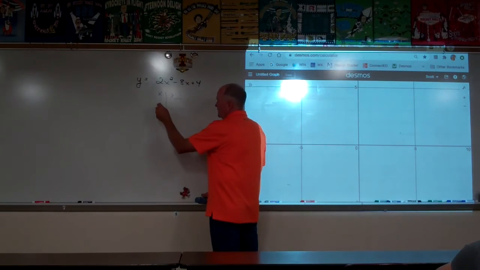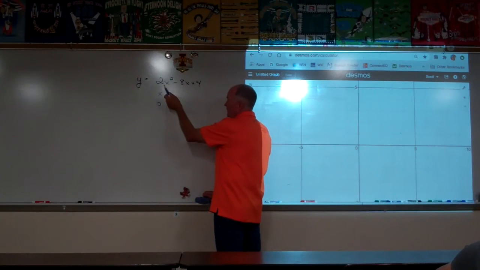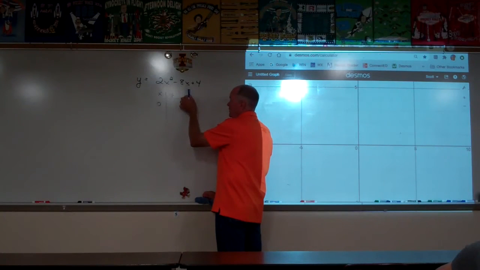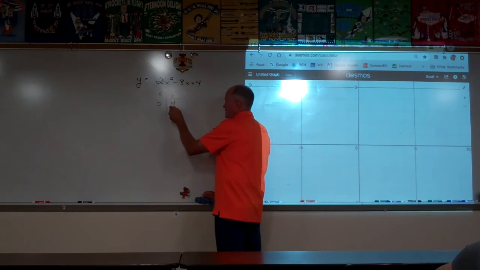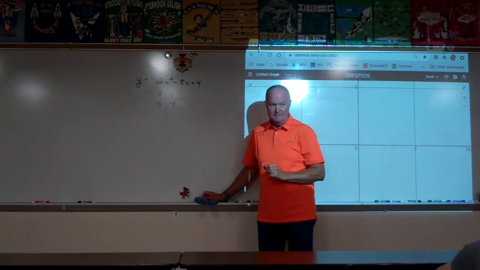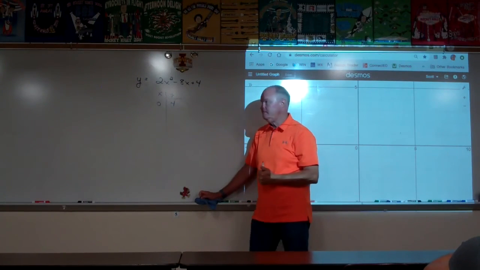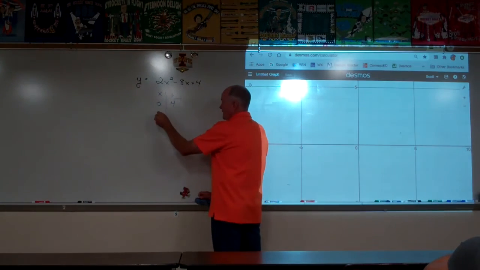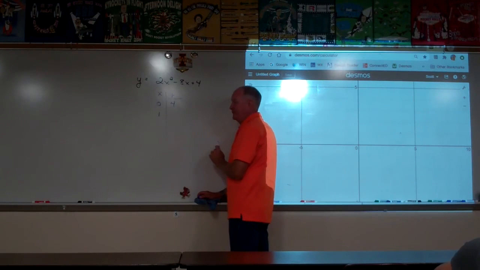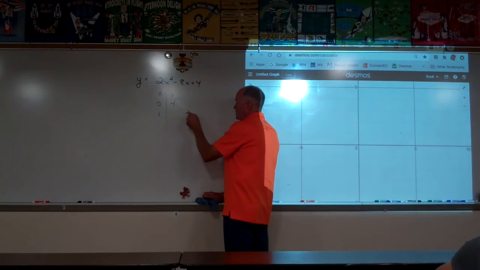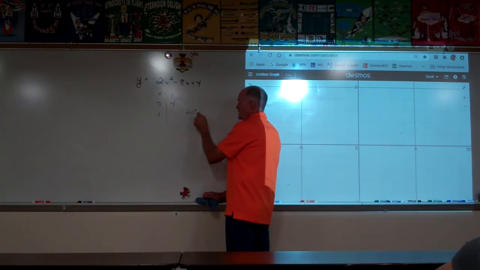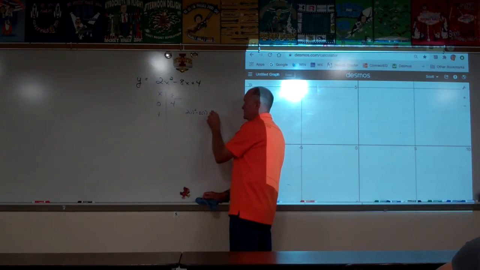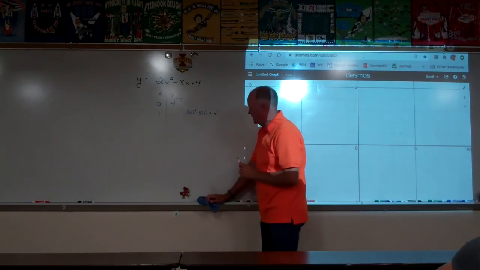So if I look at this right here, I plug in 0, I'm plugging it into that. That's 0 minus 0 plus 4. So there's 0, 4. Then I'm going to plug in 1. So that's 2 times 1 squared minus 8 times 1 plus 4.